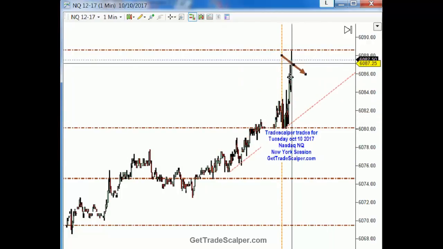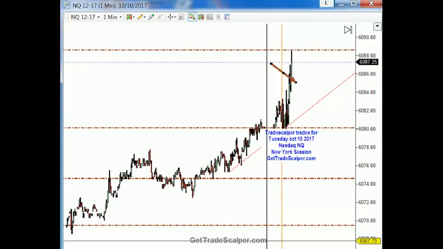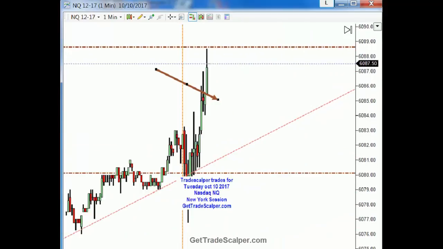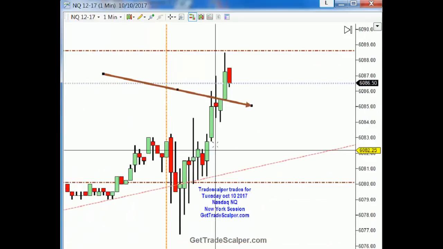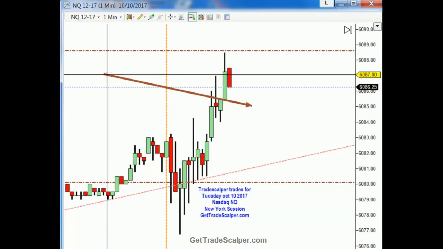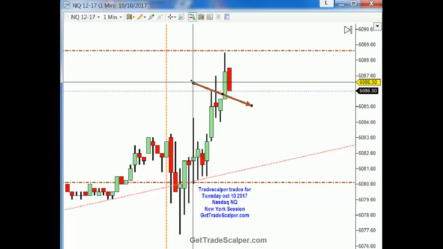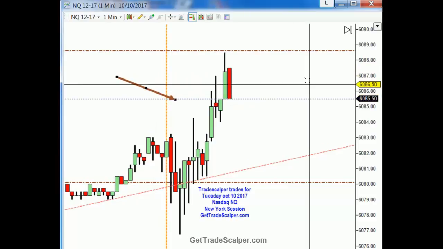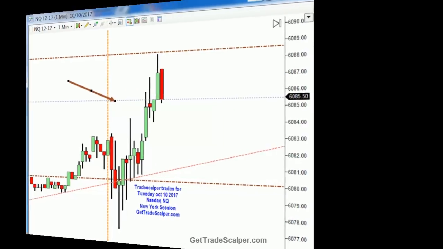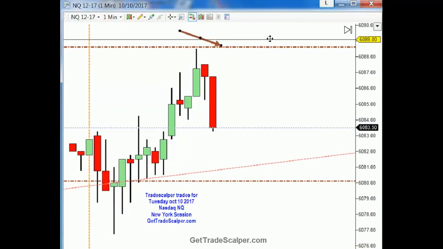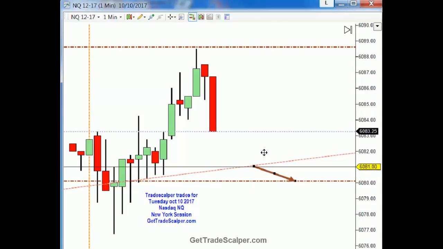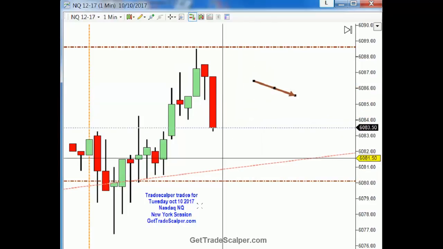And so we'll be looking to take trades to the upside and get the setups going here. And so we'll wait and we'll see what we got unfolding for us today. And as you can see here, I popped some horizontal support and resistance lines.